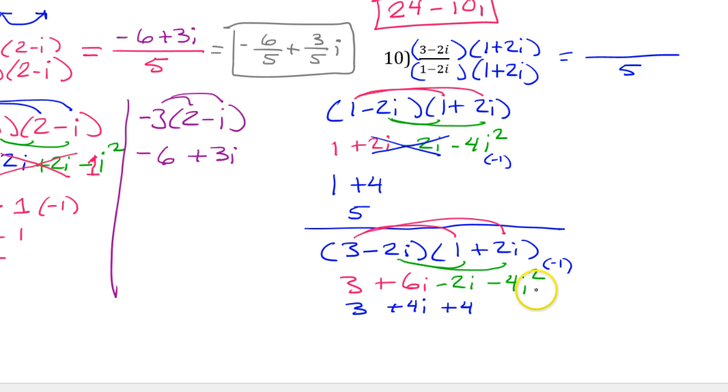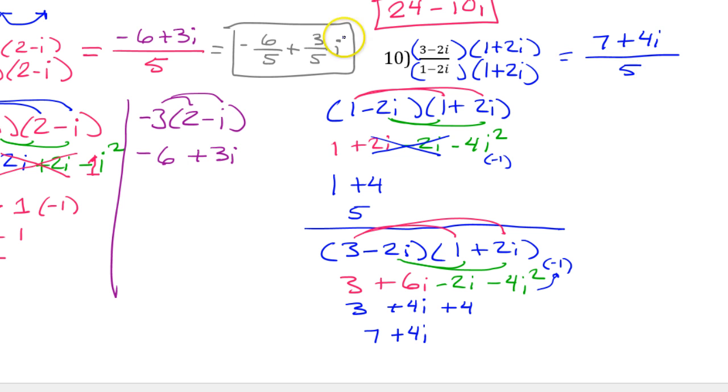The i squared is negative 1, so there's no i about it. So I just have a positive 4. Now if I combine these like terms, the 3 and the 4, that's 7, and then I just bring down the 4i. So that's what's going on in the numerator, 7 plus 4i.